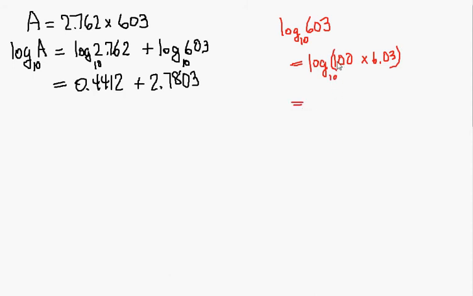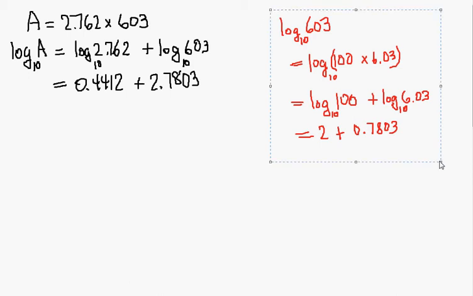I factor out 100 and leave a decimal, which is usually not the way that I would factor, but when I split up the logarithm on the next step, the logarithm of 100 base 10 is something that I can figure out off the top of my head. That's equal to 2. So 2 plus the logarithm of 6.03, which we just looked up on the table, was 0.7803. And so combining, we get 2.7803. And so that's the answer for that.